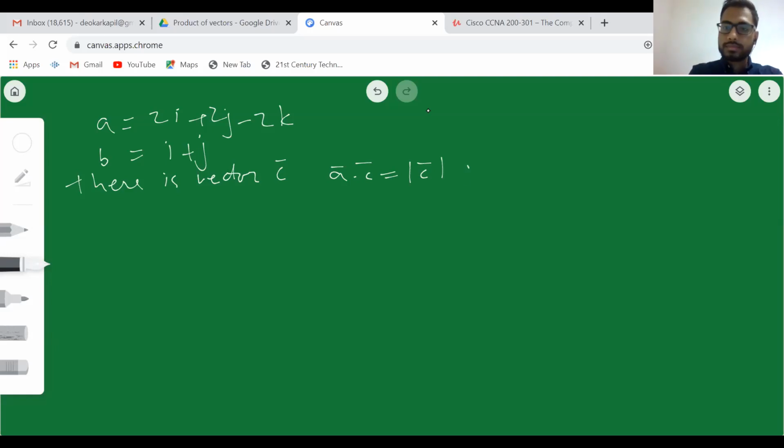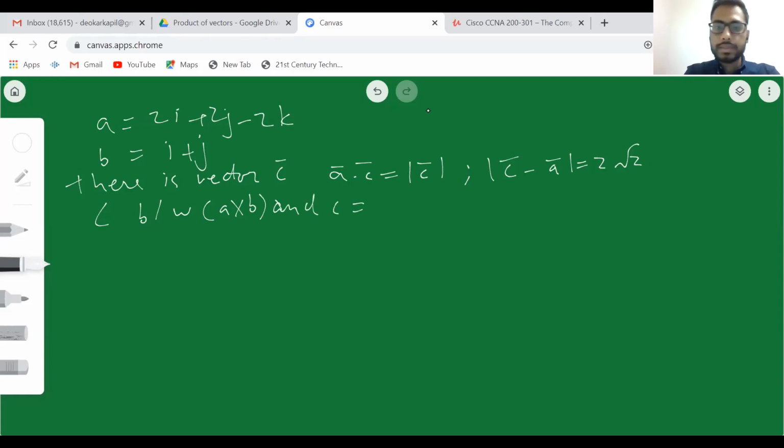Also, the value of C minus A is given as 2 root 2. The angle between A cross B and C is also given, which is equal to 30 degrees. What you have to do is find the value of this term, A cross B cross C.